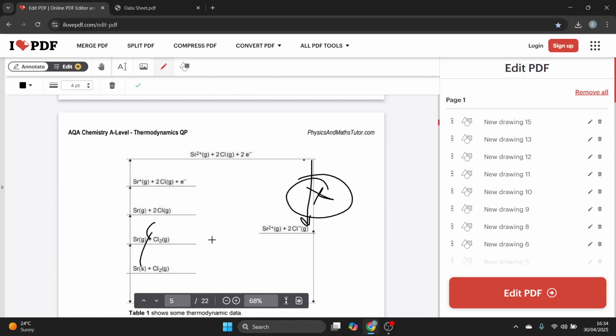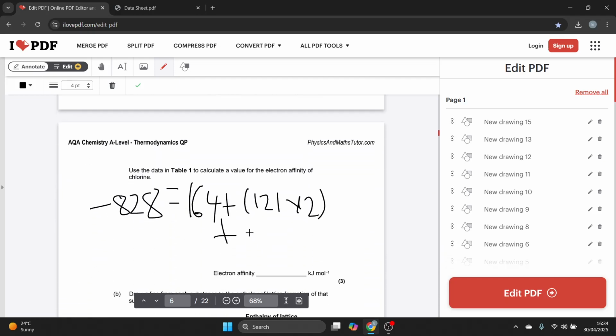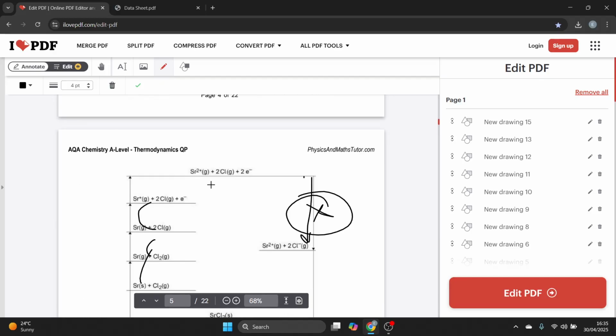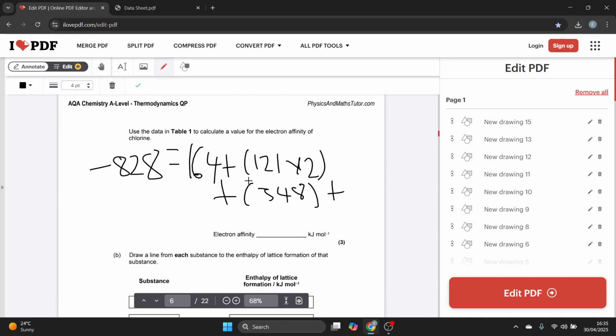plus the first ionization energy of strontium, 548, plus the second ionization energy of strontium, which is 1060, plus 2y.